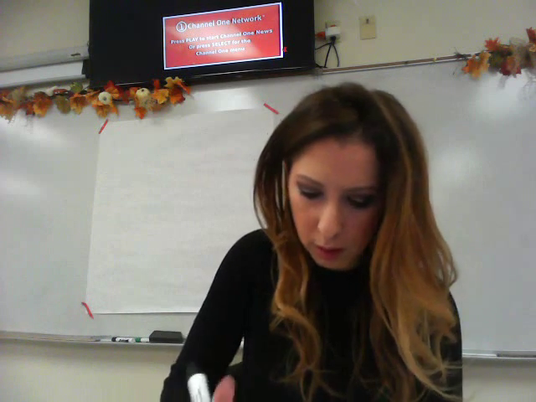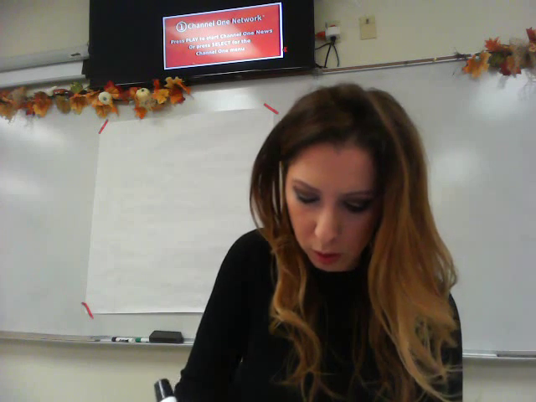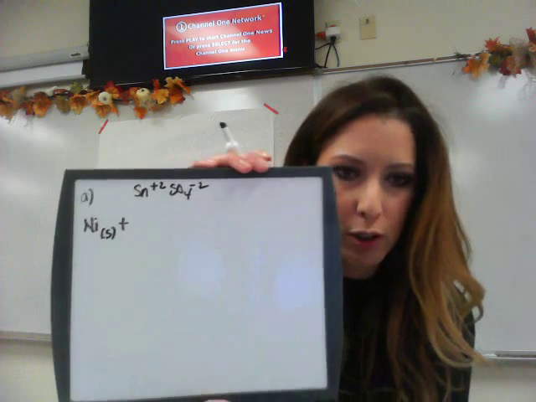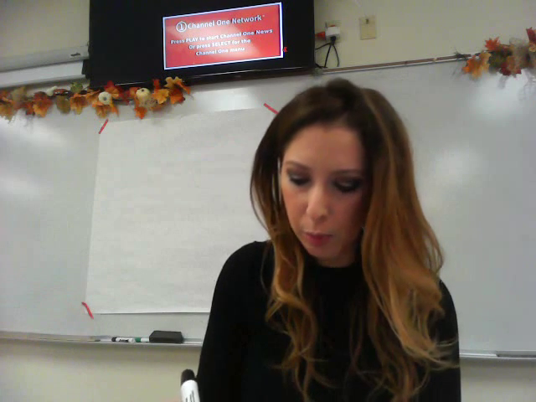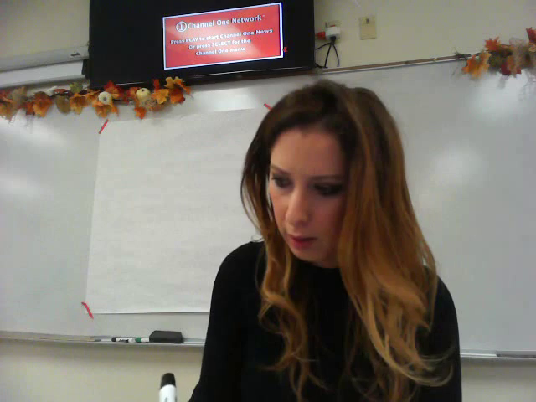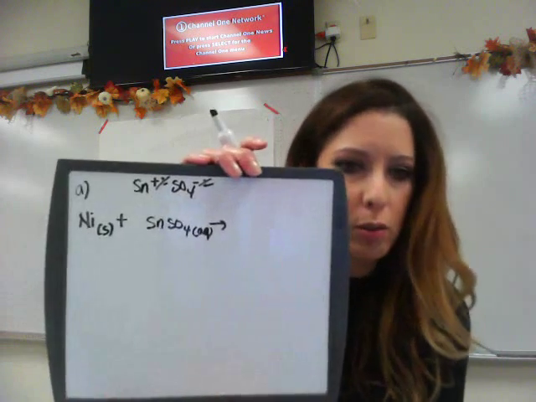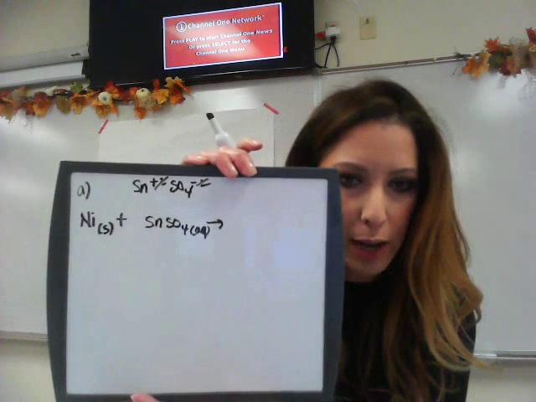So tin 2 is Sn2+. Sulfate is SO4 2-. The numbers and the charges are the same, therefore they'll cancel out. You're going to end up with SnSO4, and it's a solution, so we're going to put an aq after it. So here's the beginning of my single replacement reaction.